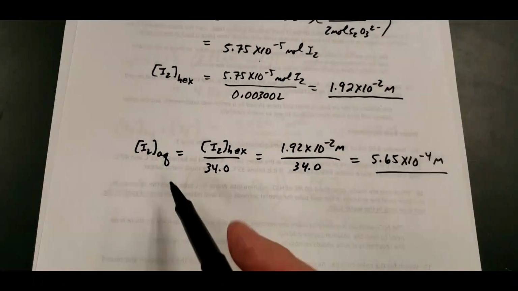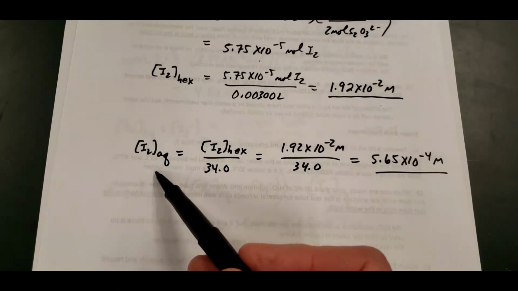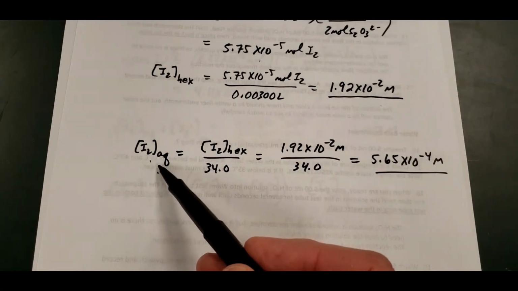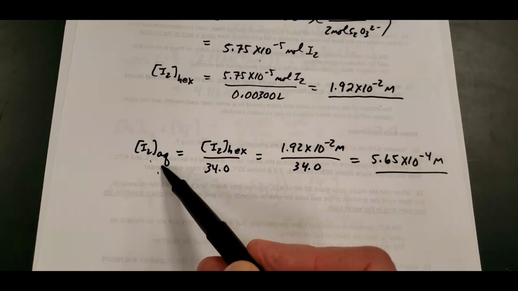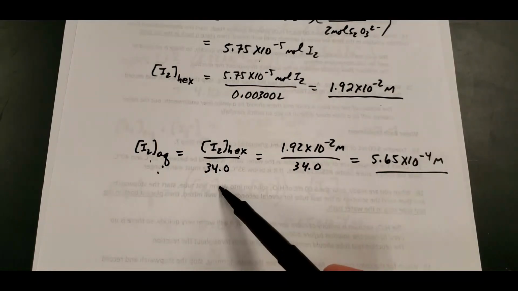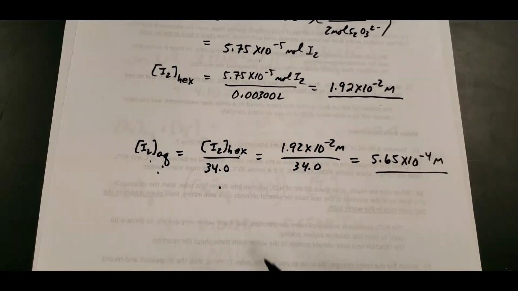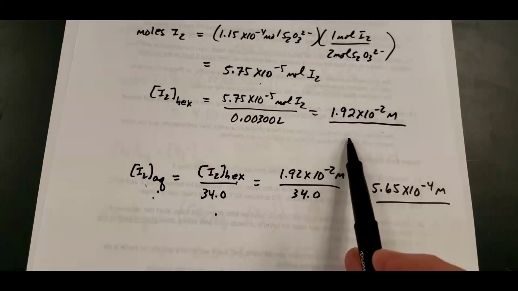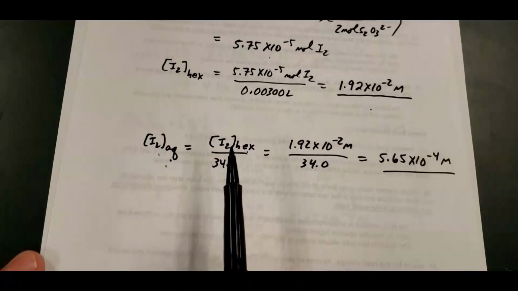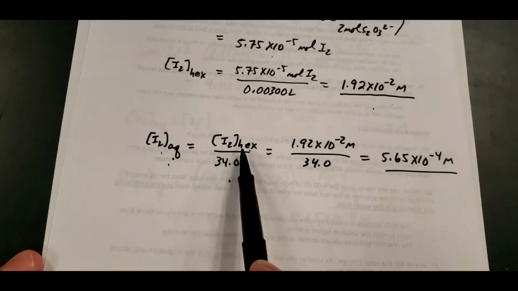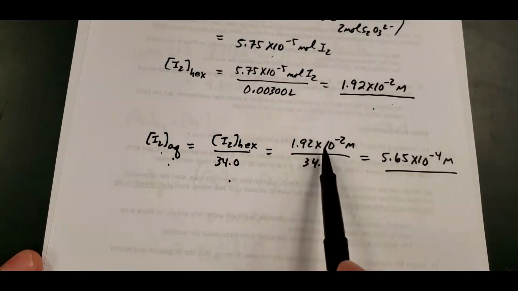Now, an equation given in the lab says that the iodine in the water layer must be equal to the iodine in the hexane layer divided by 34. That has been found to be true, so we use it. Now that we found the iodine in the hexane layer, we find the iodine in the water layer indirectly by taking that value from above and dividing by 34.